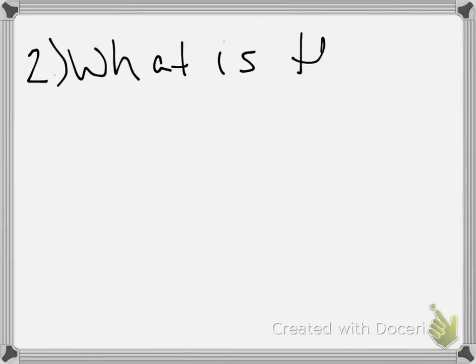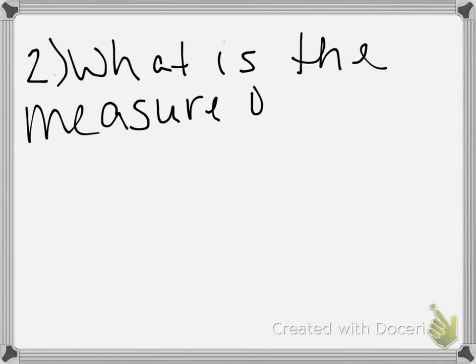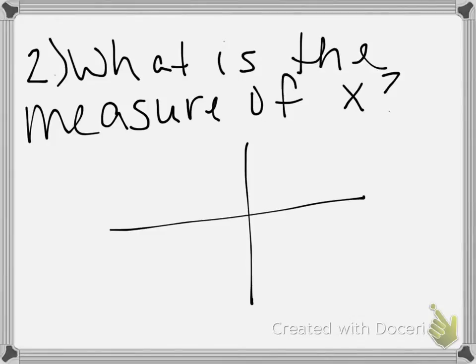Okay, for number 2, we're going to say what is the measure of x? Two intersecting lines. This angle will be 5x minus 10, and this angle will be 60.